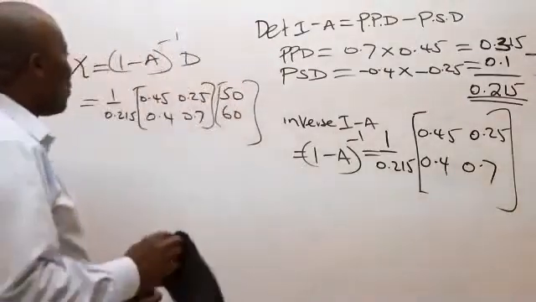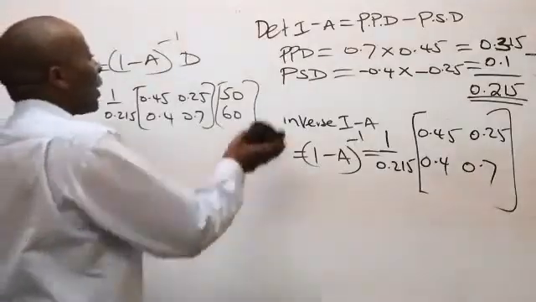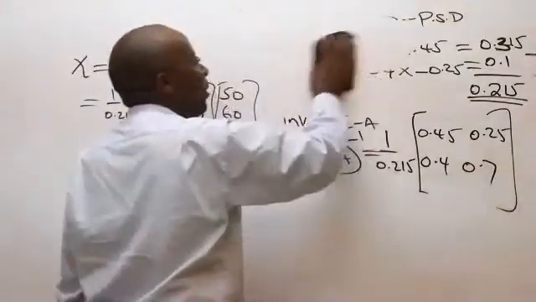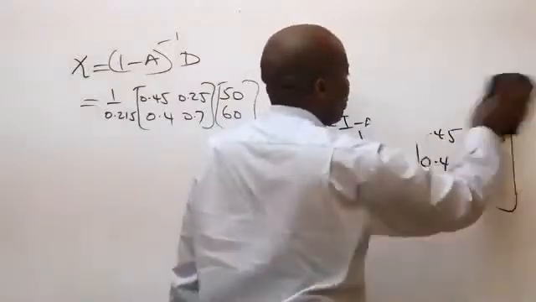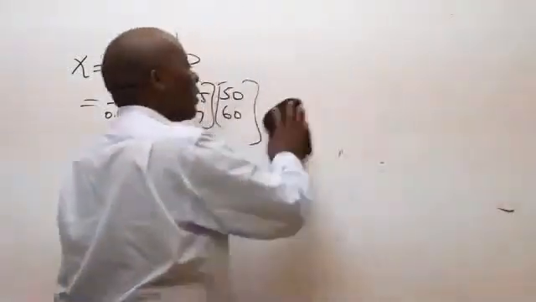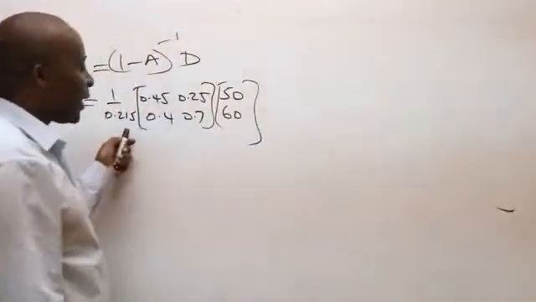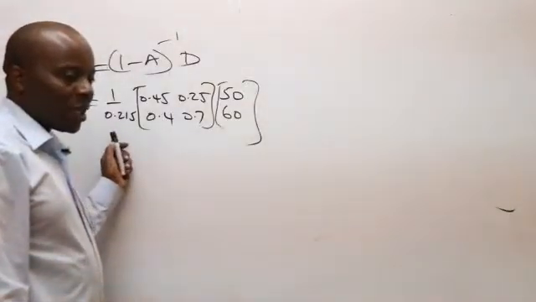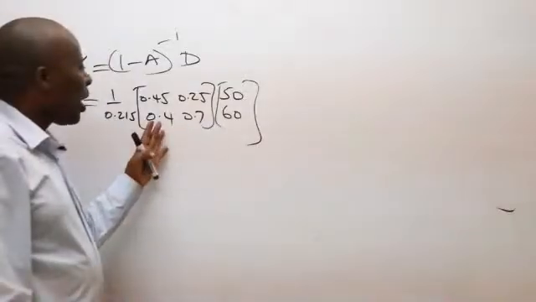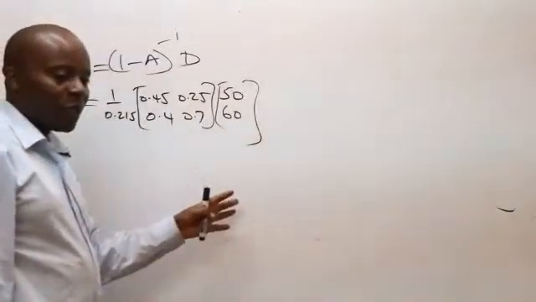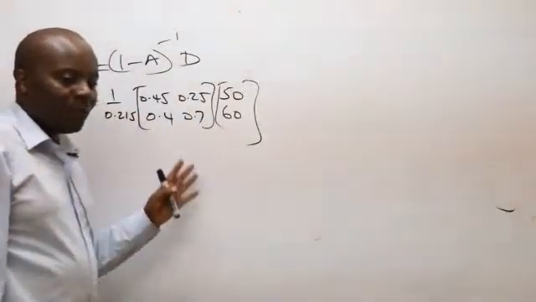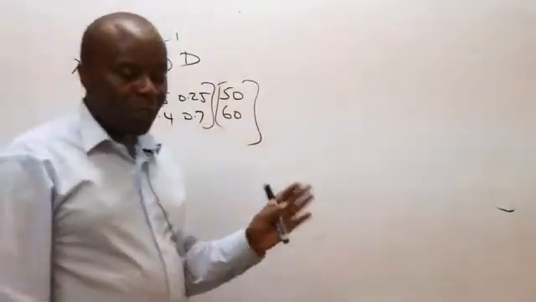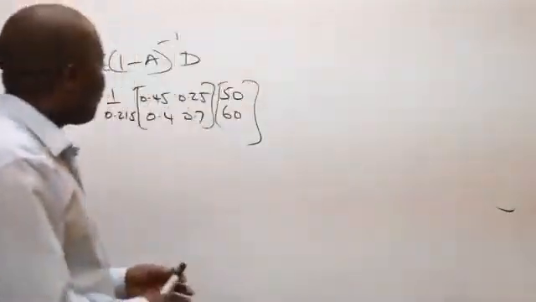Ladies and gentlemen, this that we have outside here will be called a scalar. So what you're supposed to do is multiply the matrices first. We give matrix multiplication priority.